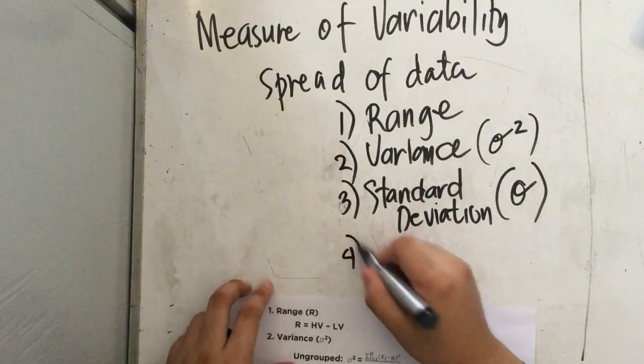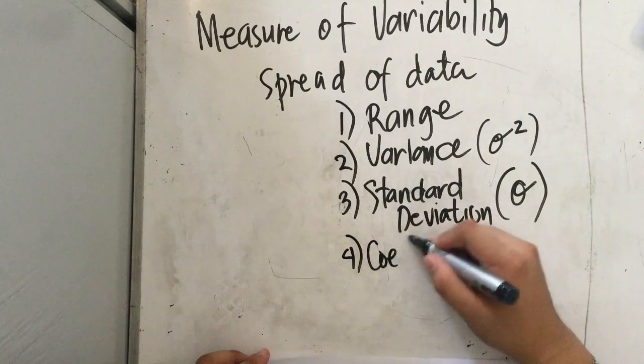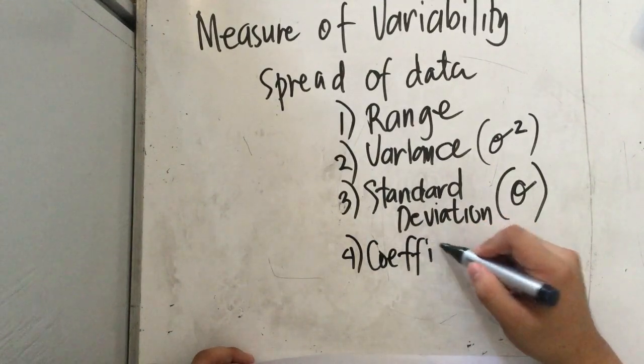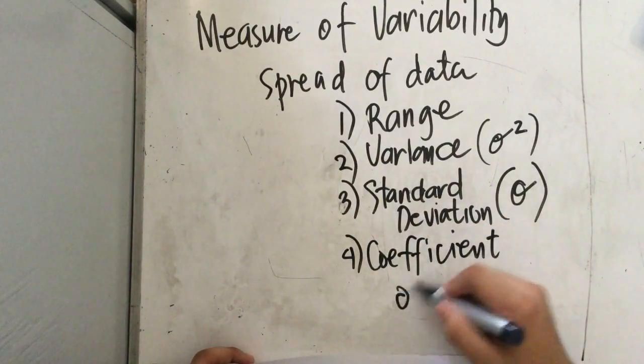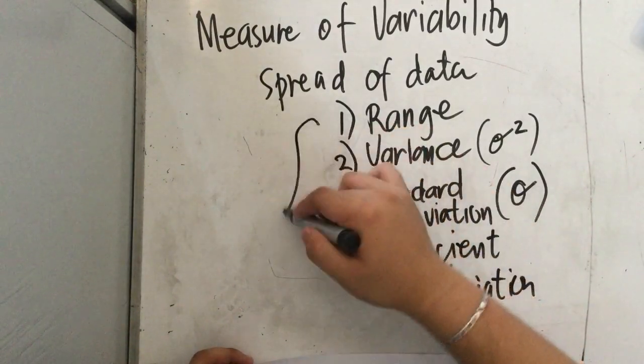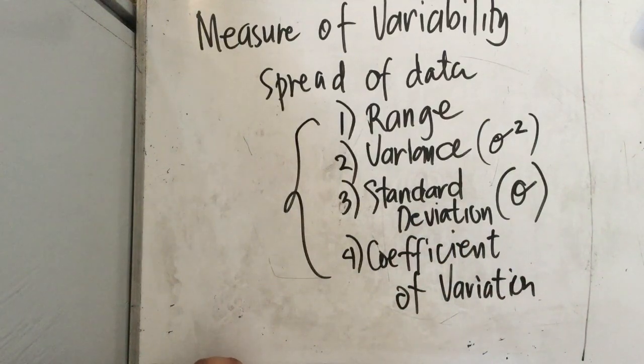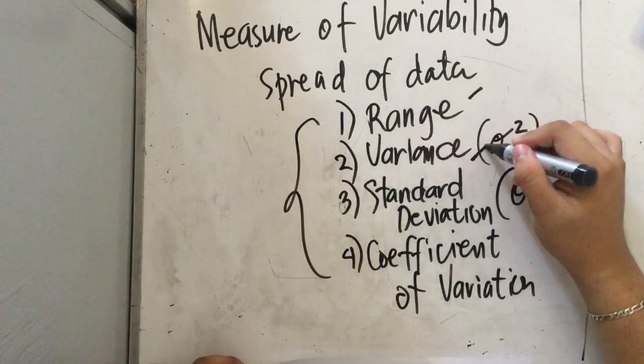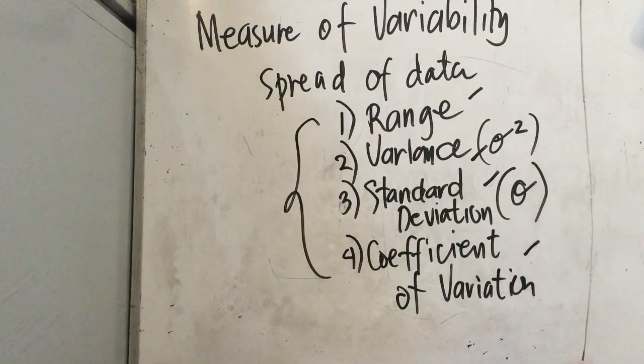And the last one, we have to compute the coefficient of variation. Okay, so these are the measures of variability. We have the range, the variance, the standard deviation, and the coefficient.